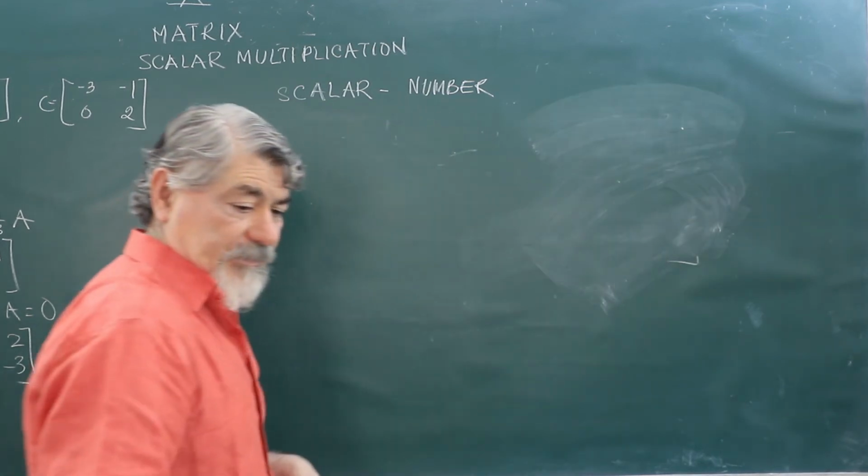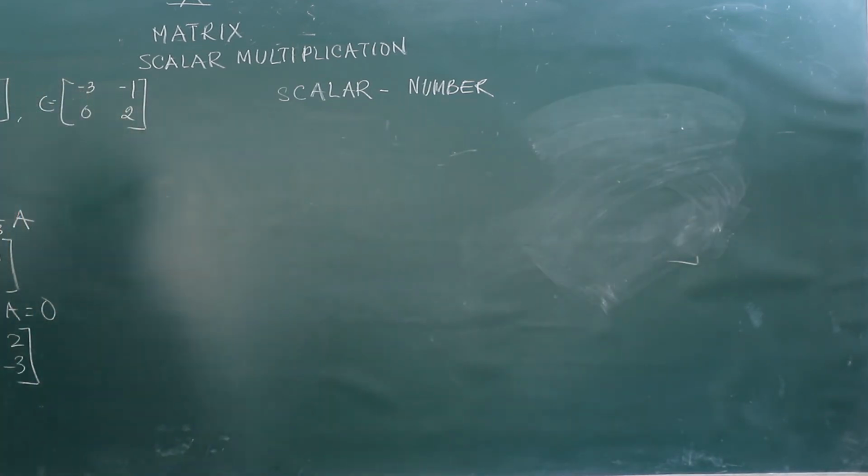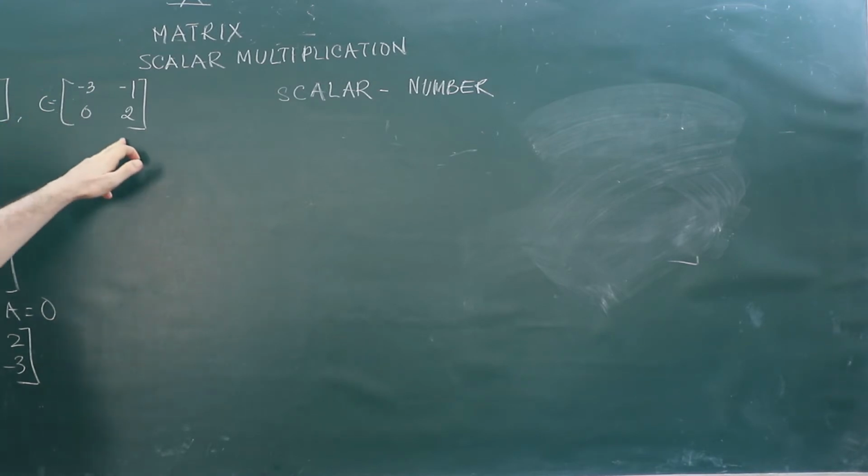Here we have written four questions. A matrix is a 2 into 2 matrix. 2 into 2 means the number of rows and number of columns are the same. These are all square matrices of the order 2 into 2.